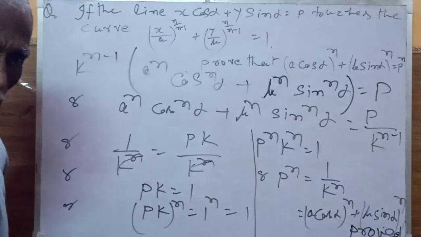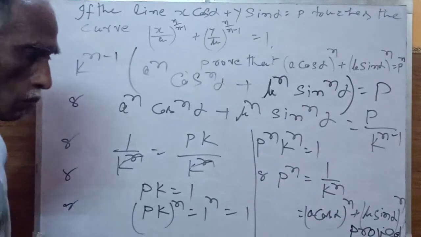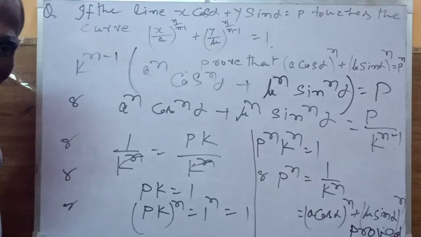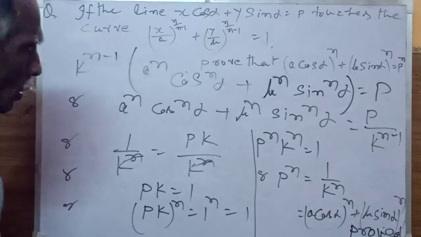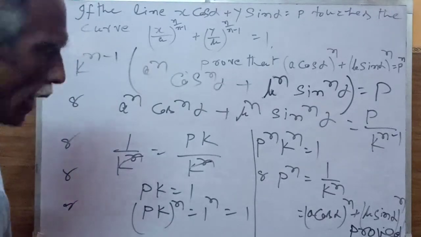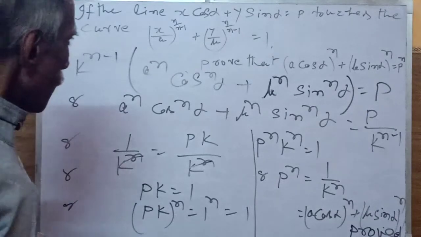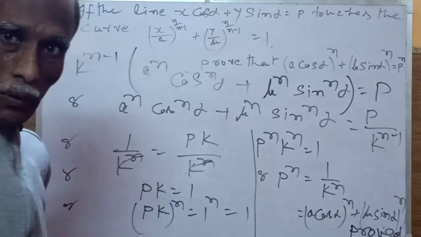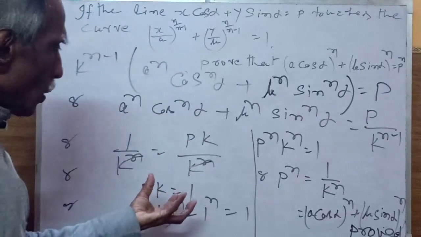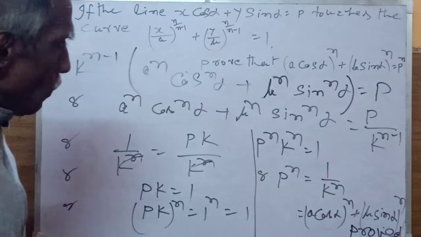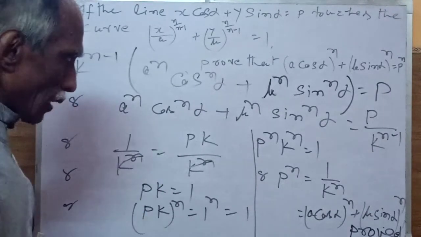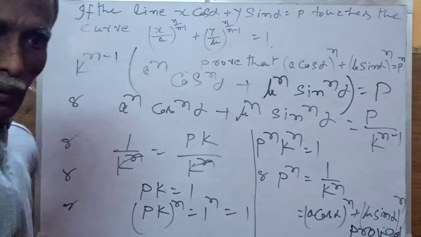So first, you should have self-study and practice again and again. Without practicing, without self-studying, you won't be successful in attaining your aim in life. And for that, I have taken such type of sums for you all, so see and practice well and be successful in life.